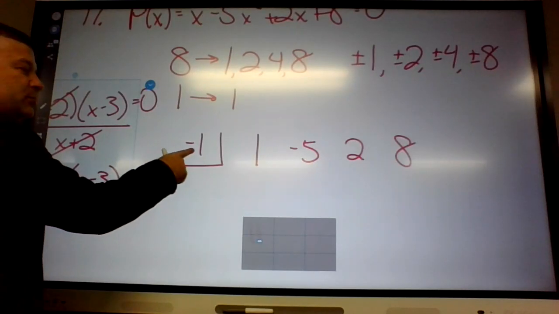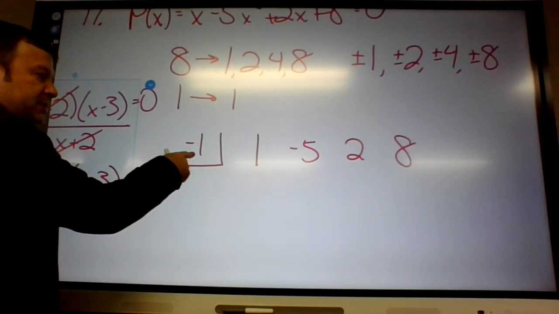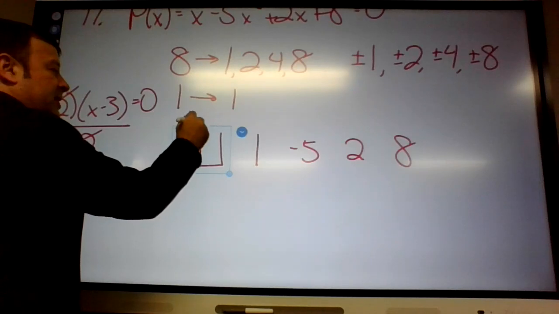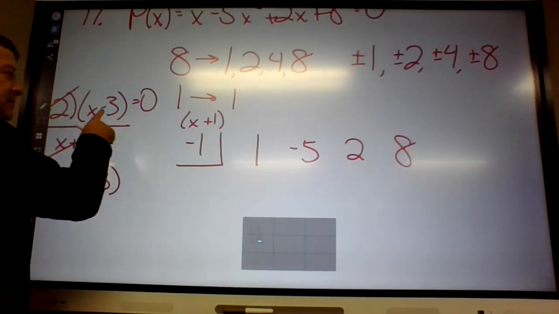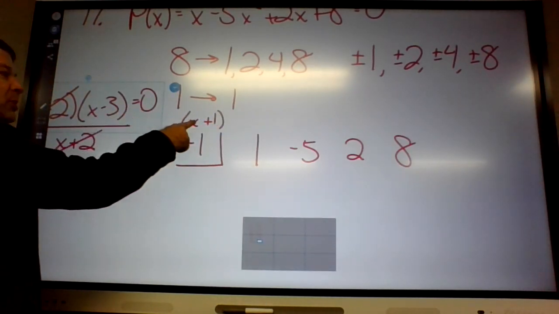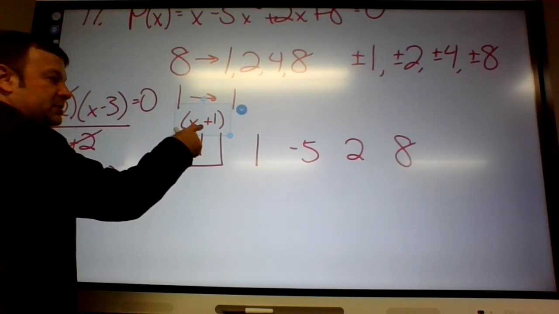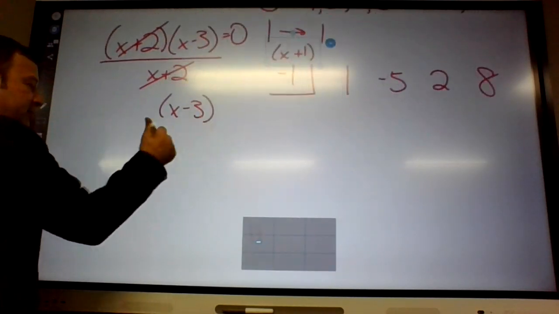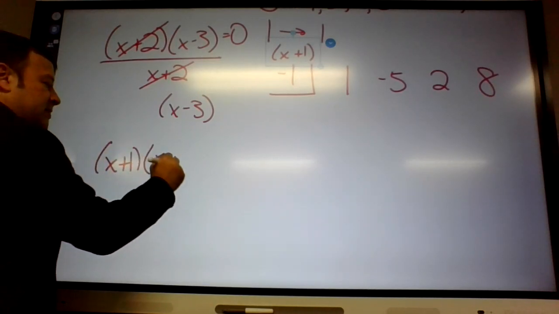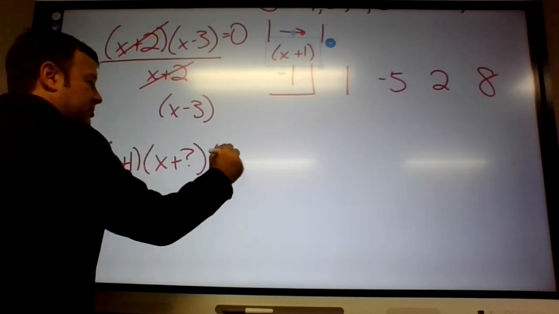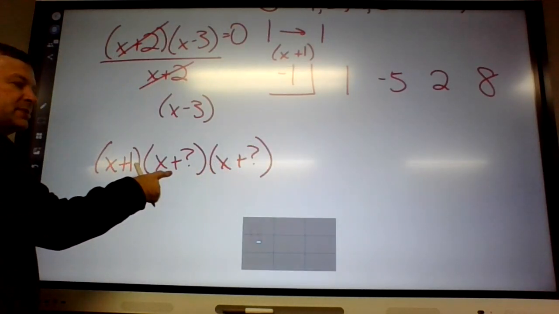Okay, I know -1 is an answer. Therefore, I know that x plus 1 is a factor. You guys see what I'm saying? Yeah. So what I'm really doing here is synthetically dividing by x plus 1. What will remain is these last 2 factors that contain my last 2 answers.